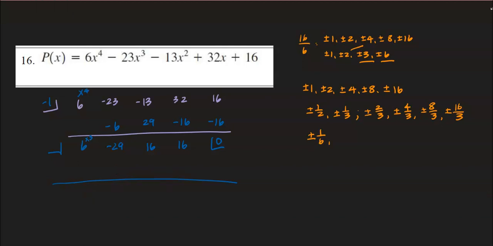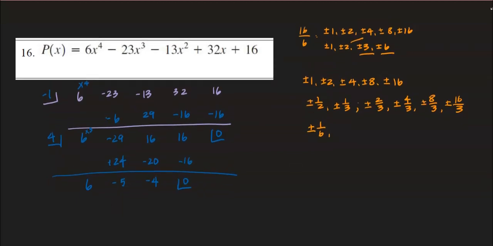Let's try 4. I don't think we've tried 4. 6, negative 24. No, positive 24. It's negative 5. Negative 20. And then negative 4. Negative 16. 0. Okay, now we've reduced it down to x squared.